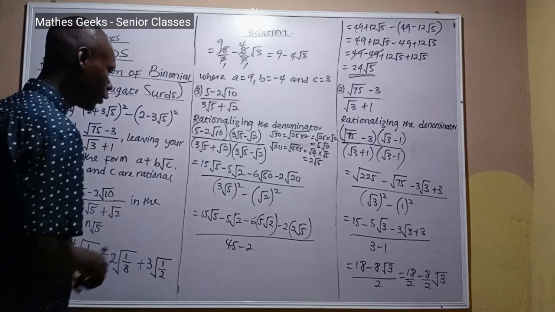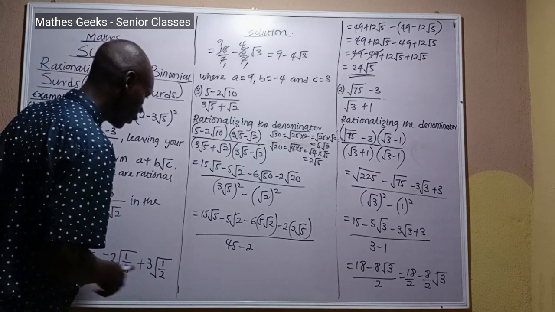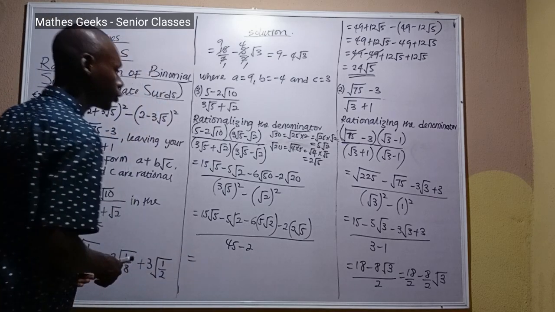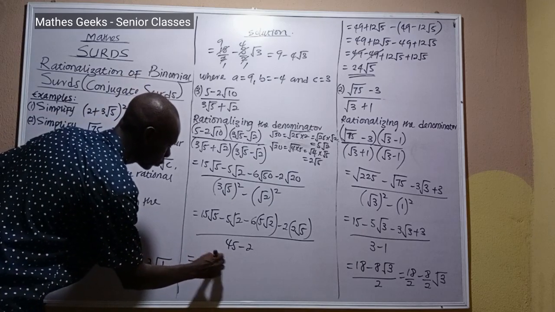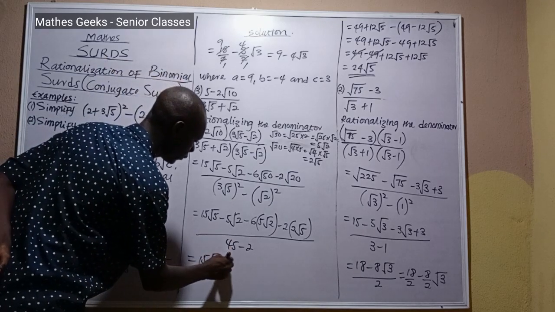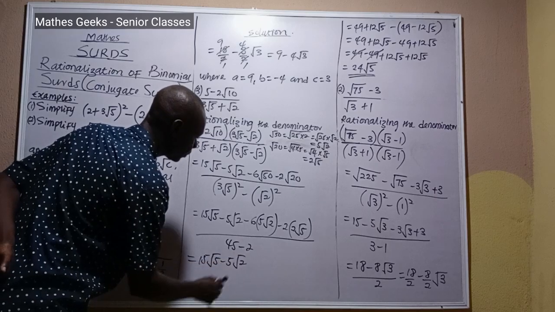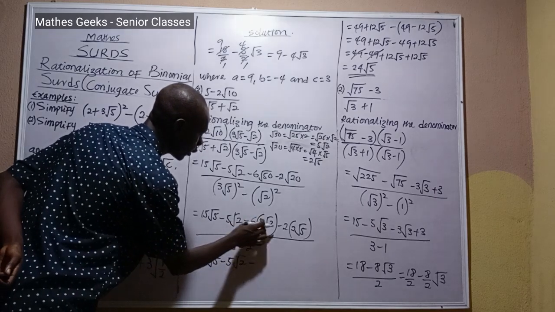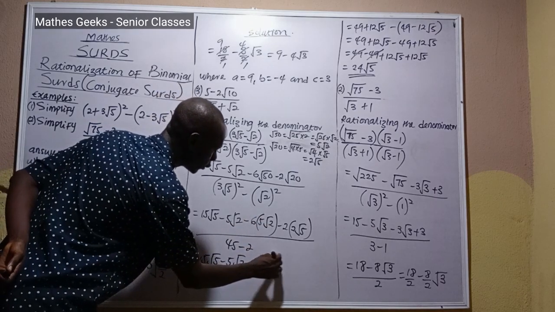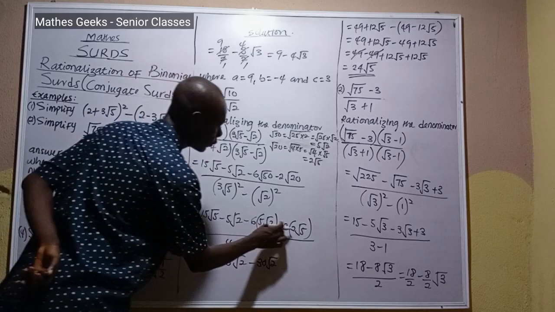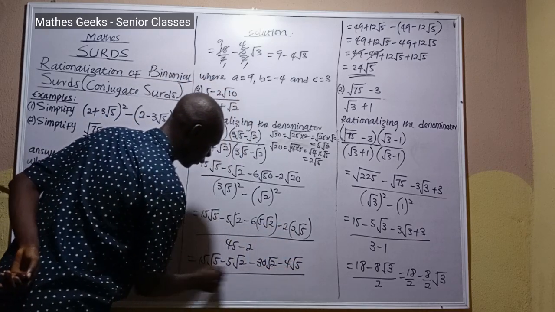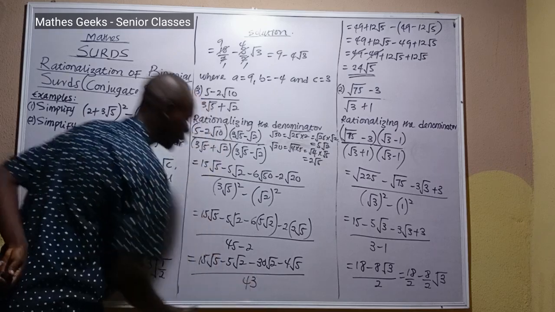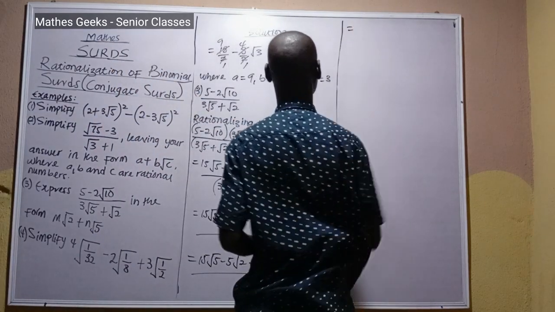That's it. So we have next is equal to 15 root 5 minus 5 root 2 minus 6 times 5 is 30, minus 30 root 2 minus 2 times 2 gives us minus 4 root 5 over 43.